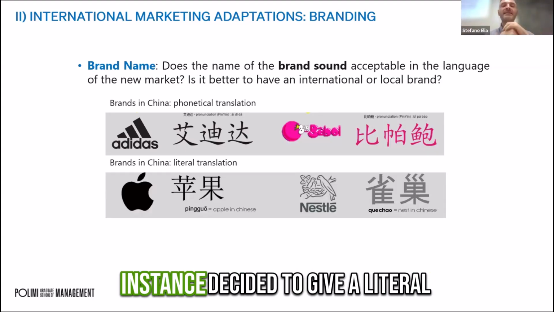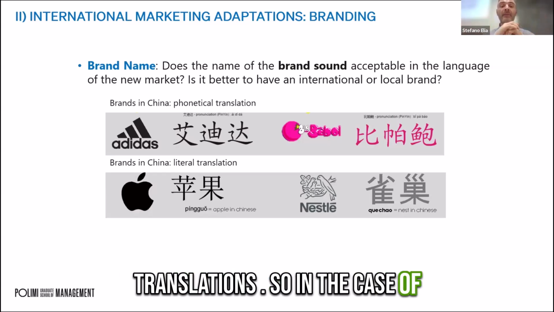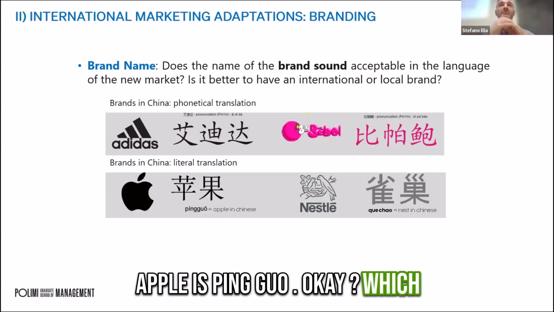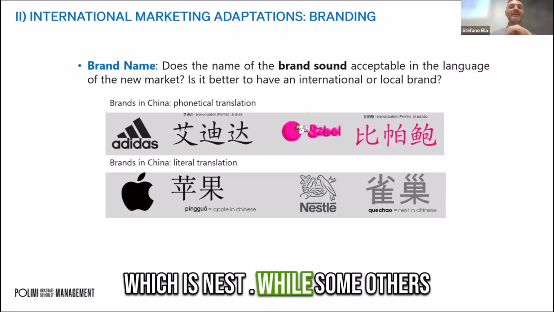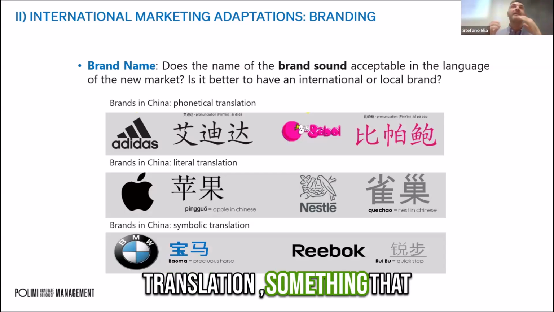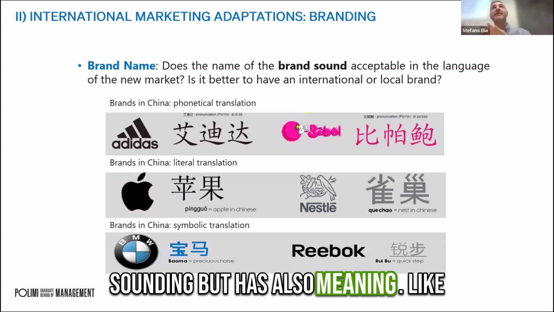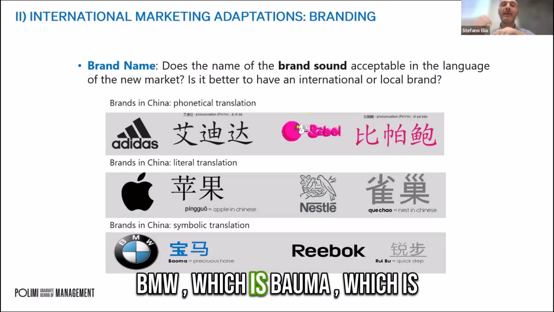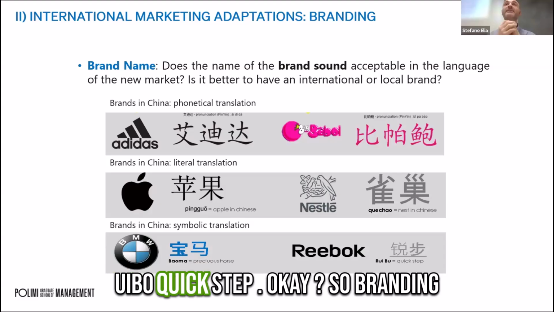Some others decided to give a literal translation. In the case of Apple, it is Pingguo, which means apple, and Nestle is Quechao, which is nest. While some others decided to adopt a symbolic translation, something that partially replicates the sound but also has meaning, like BMW, which is Baoma, precious horse, and Reebok, which is Ruibu, quick step.